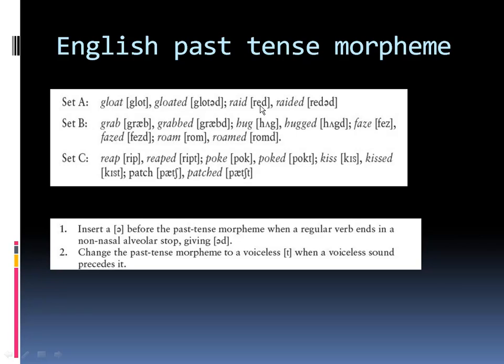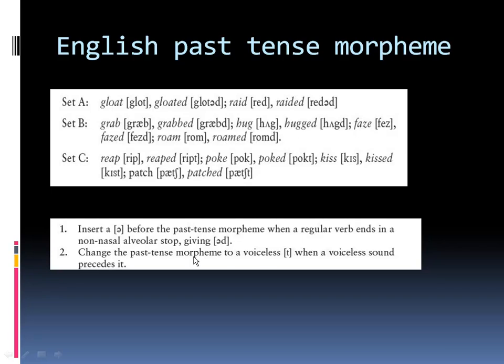So when you have t and d sounds, that's true. Gloat, raid, you add a schwa. The second rule is change the past tense morpheme, and here the default should be d because it covers the most areas. It doesn't have vowels here, but let's say spray, sprayed, that would belong here.